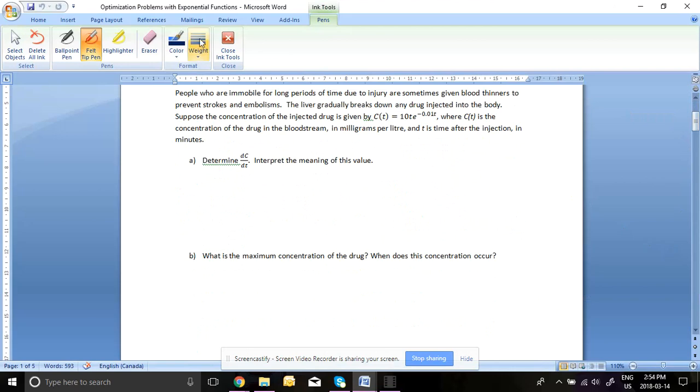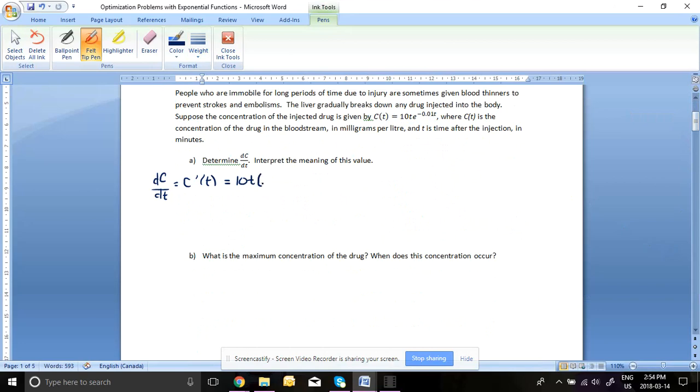dC/dt simply means to find the derivative of this function. It means the change of concentration with respect to time. So let's find that. dC/dt is the same thing as C'(t). Look at this as a product rule function. We have 10t as our first function, so we'll leave it the same.